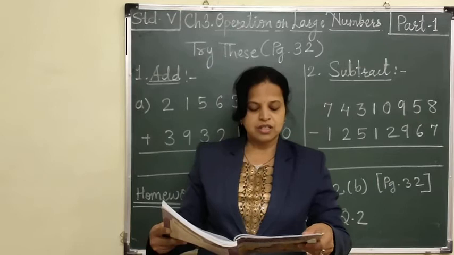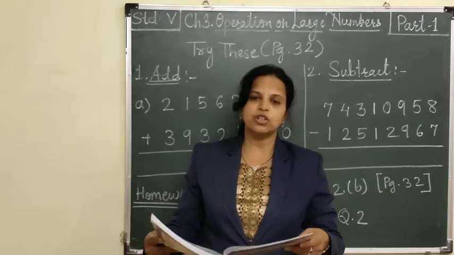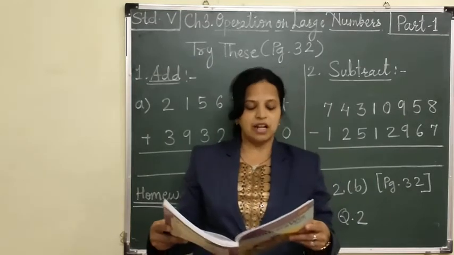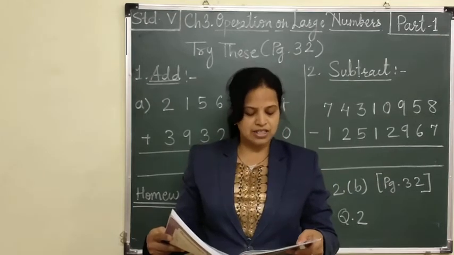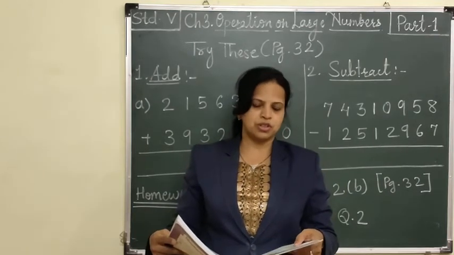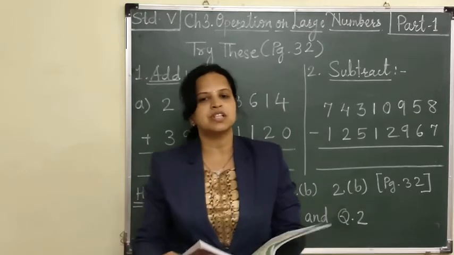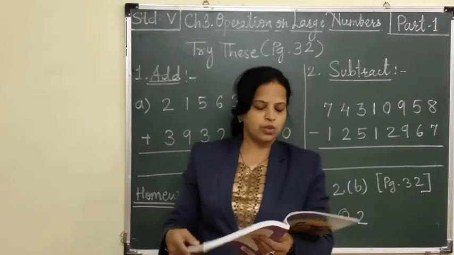In total, 4 plus 4 is 8, 8 plus 4 is 12. There are 12 boxes and we have to solve these operations and write the answer in the box. You can do the rough calculations in the notebook and write the answer there.